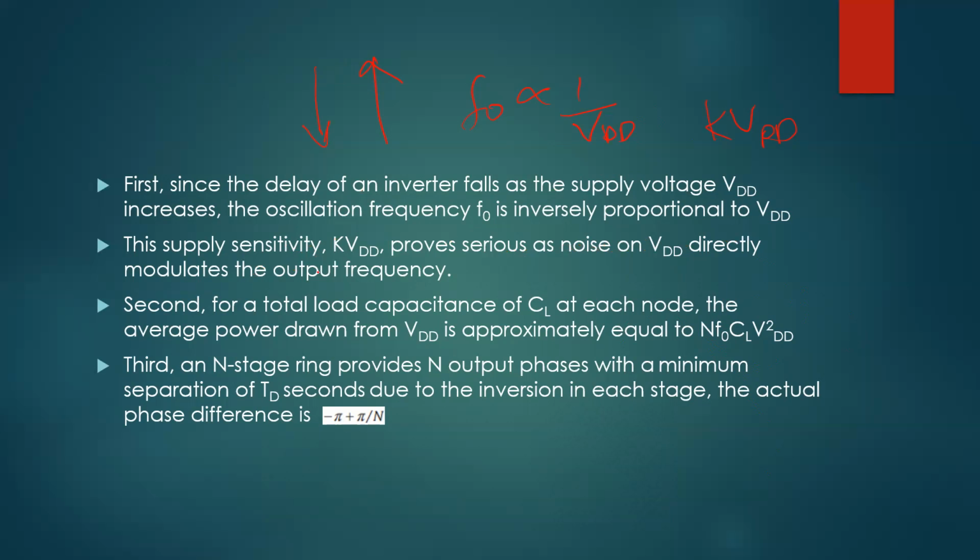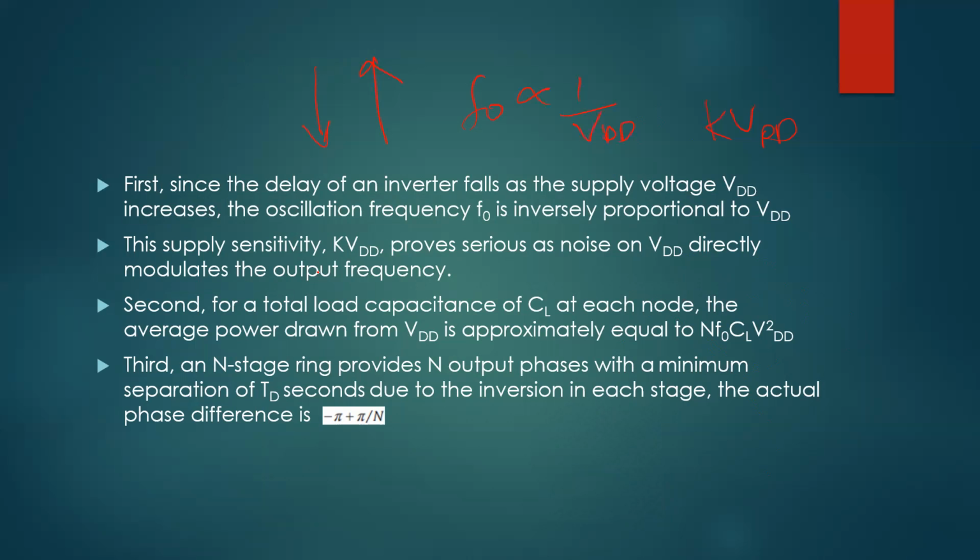Second, for a total load capacitance of CL at each node, the average power drawn from VDD is approximately equal to n F0 CL VDD squared. Third, an n-stage ring provides n output phases with a minimum separation of TD seconds, due to the inversion in each stage.